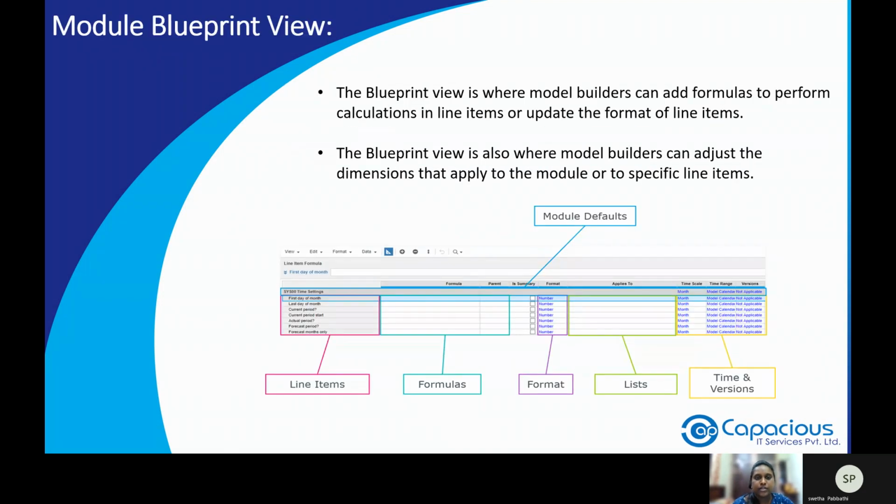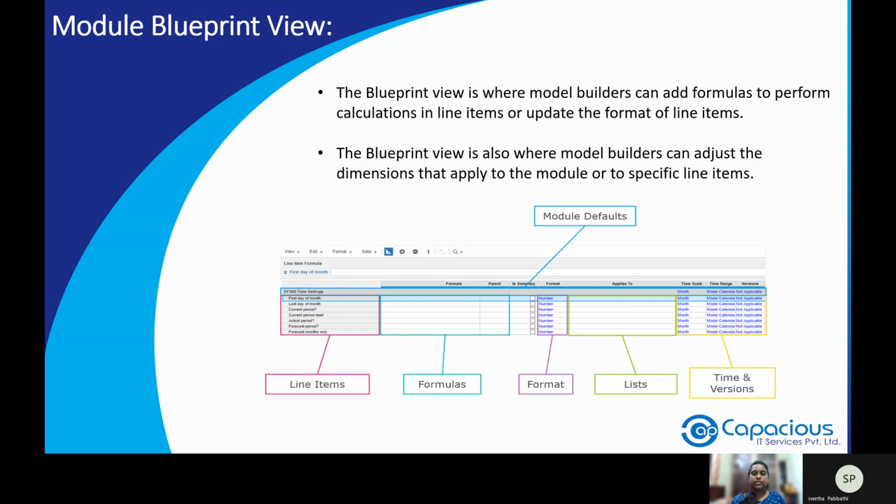Next is blueprint view. This blueprint view works after adding a line item, if we need to change the format, add formulas to give a reference, or set a summary method. In this way, we can differentiate the module by giving an outer look in a UX page or classic dashboard.